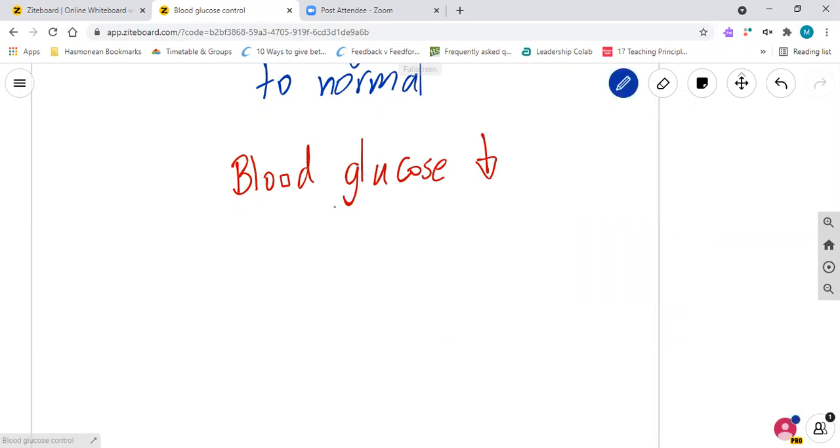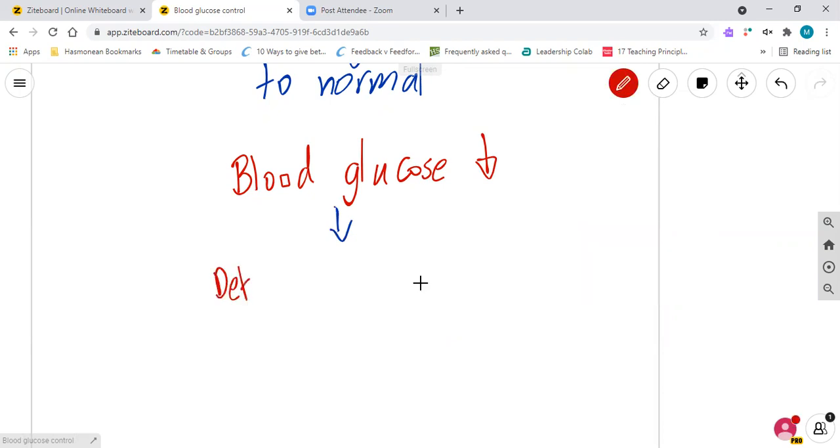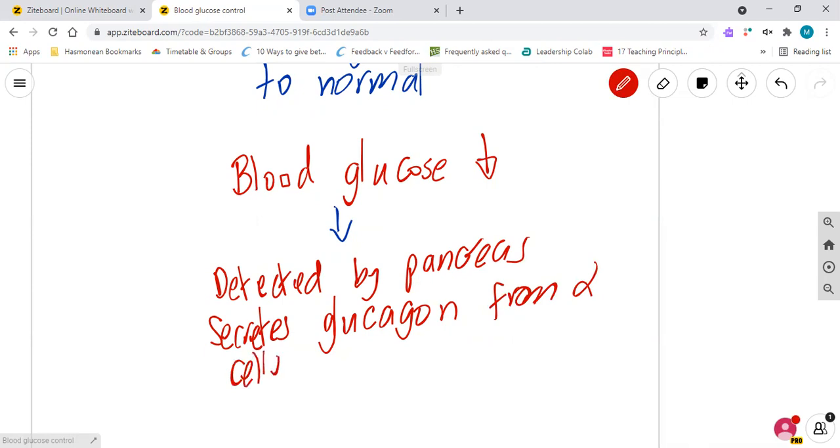Again, that will be detected by the pancreas, which will secrete glucagon, all right, which we used to remember by glucose has gone, the glucagon, this time from the alpha cells of the islets of Langerhans.